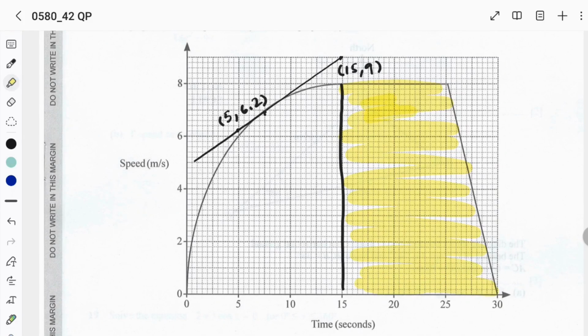Wherever height is 8, the parallel lines are 15 to 30, which is 15 numbers, and here this is 15 to 25, only 10 numbers. So find the area of the trapezium where the parallel lines are 15 and 10 and the height is 8.